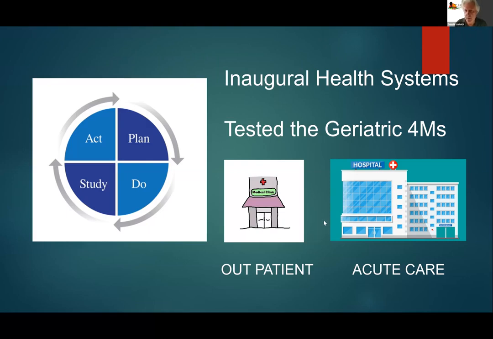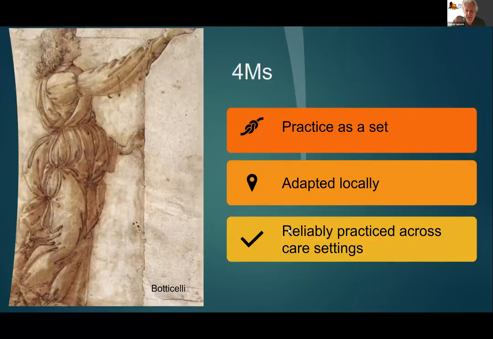And the good news, or the punchline, is that they really did have a remarkable impact on better outcomes and lower costs for older adult healthcare. So the concept is that these geriatric 4 M's need to be practiced as a set. You can't just do depression assessment or fall assessment. They all have to be done as a set.